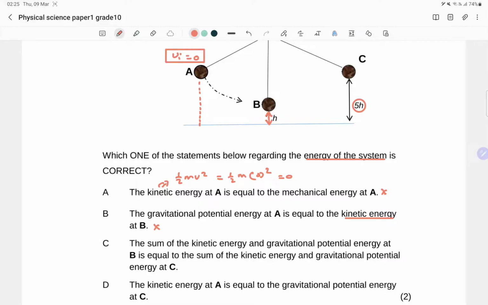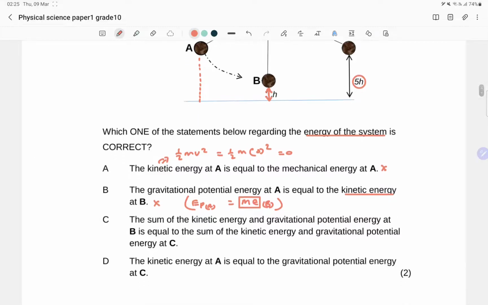So the only thing that is true is that potential energy, EP at A, is basically equal to mechanical energy at B. Mechanical energy is both kinetic and potential energy. So that is the true statement, not the potential energy equaling kinetic energy, because that's not the ground level, but it's still a height above. So as a result, it is incorrect.